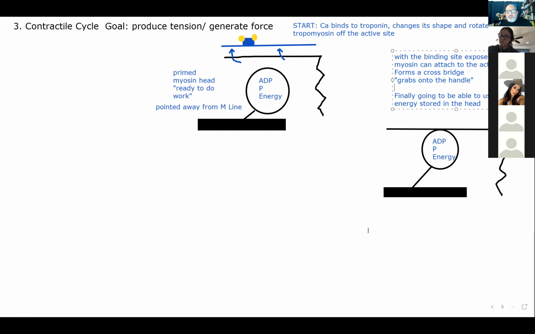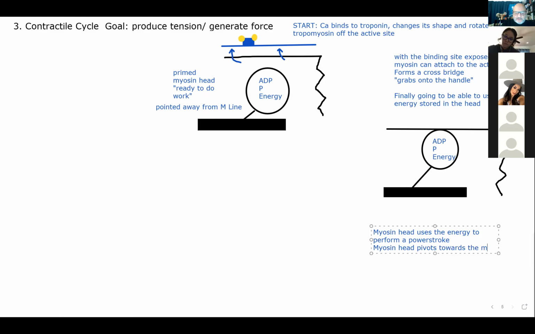And it is going to use that energy to perform, another fancy word, a power stroke. So what is a power stroke? Well, a power stroke is basically where the myosin head pivots towards the M line.